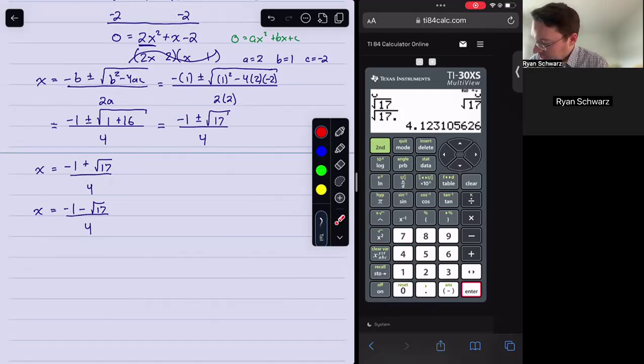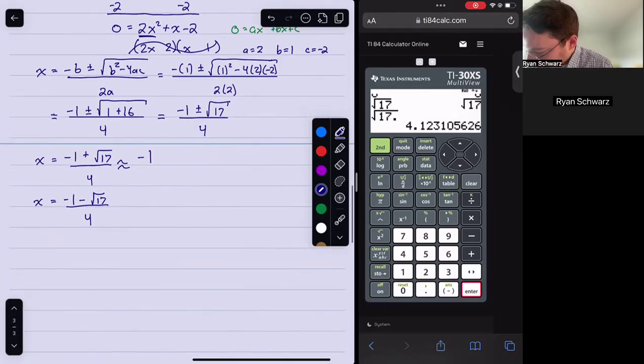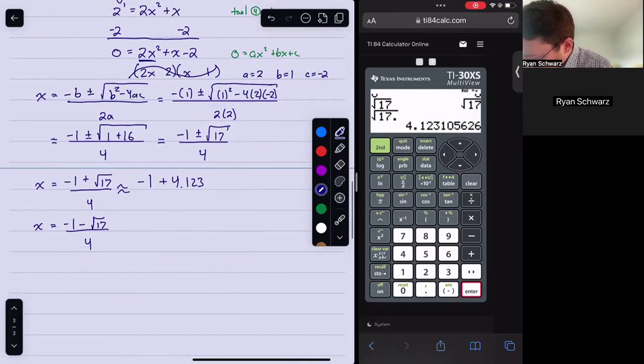So, okay, great. Now I have 4.1231056. And for my intents and purposes, I think it's fine to just go out to 4 decimal places, and then we'll make sure that we're rounding at the end if necessary, right? So in this case, I don't necessarily want to say equal, but we'll say it's approximately equal to. It's pretty close, but it won't be exactly equal. So -1 plus 4.1231, right?